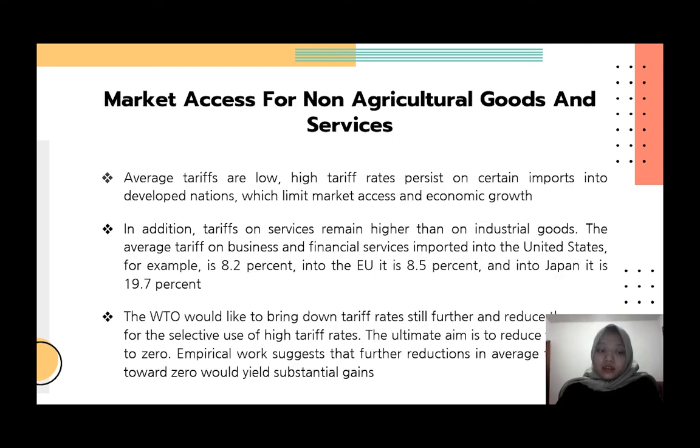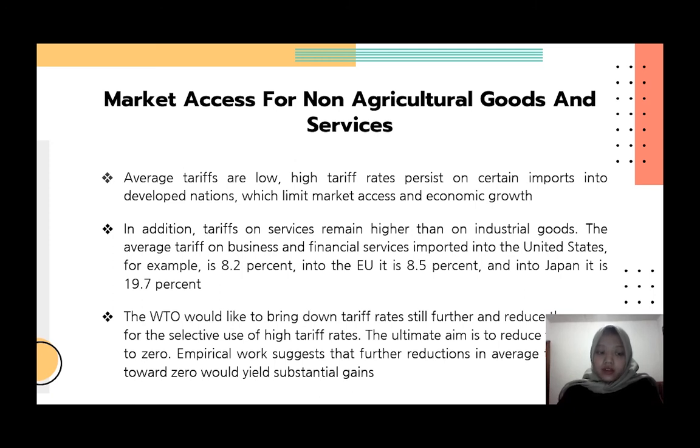Market access for non-agricultural goods and services. Average tariffs are low. High tariff rates persist on certain imports into developed nations with limited market access and economic growth. For example, Australia and South Korea, both OECD countries, still have bound tariffs of 15% and 24.6% respectively on imports of transportation equipment.